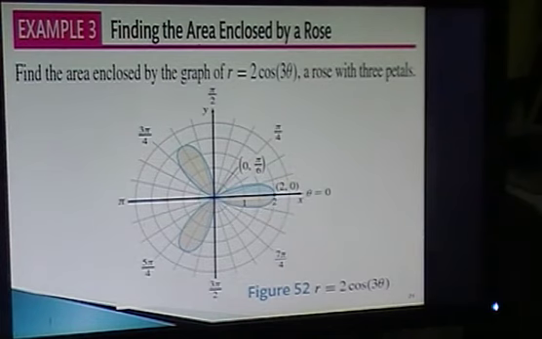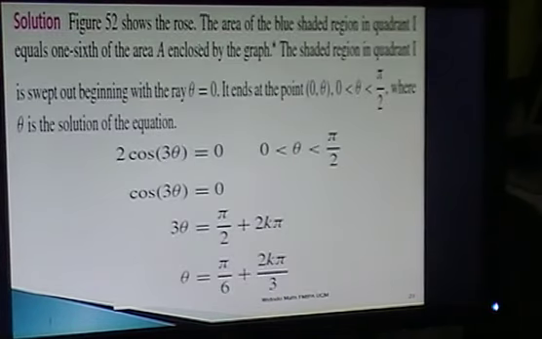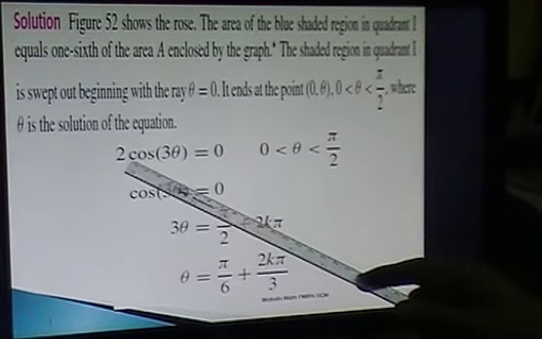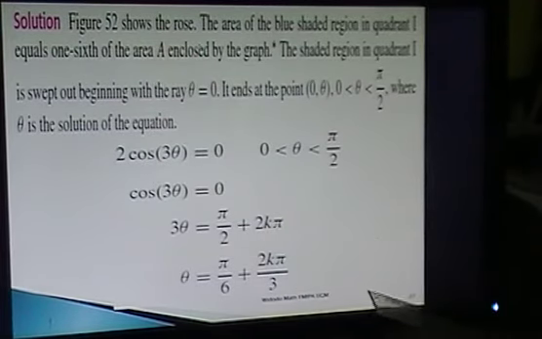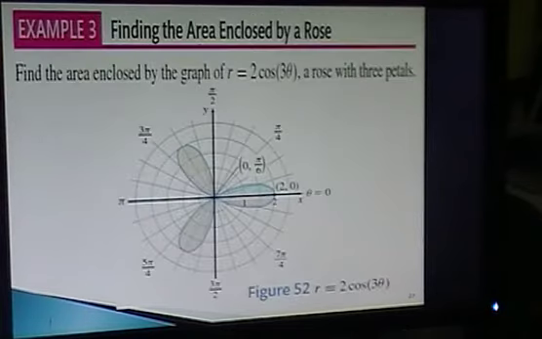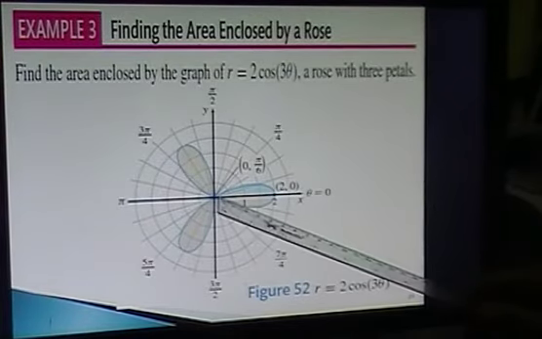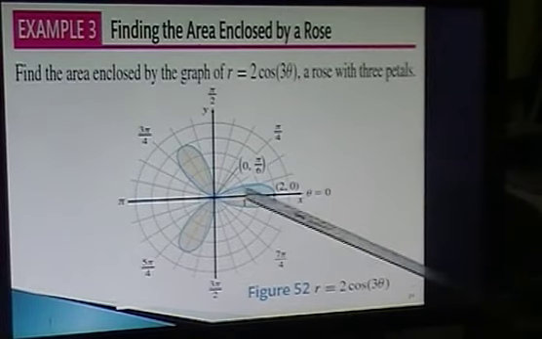We can find the angle by the following way. The f theta, the 2 cos 3 theta, is equal to 0. That means in this point. And we want to find the angle.